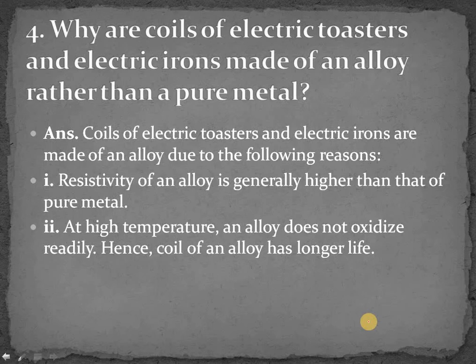Like if you use pure metal, they will get oxidized very easily. So if we are using alloy, that is a mixture of metals or non-metals, then they won't get oxidized very easily. So we have 2 arguments for this, that is resistivity, and the second is that they can work quite well at high temperature without getting oxidized.